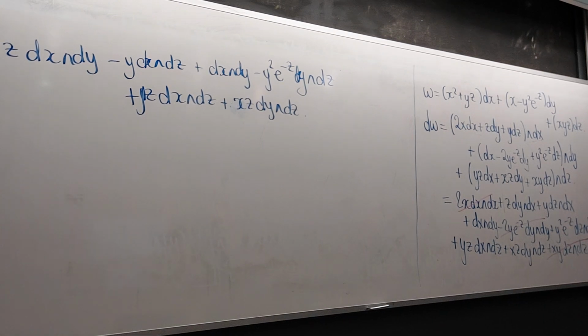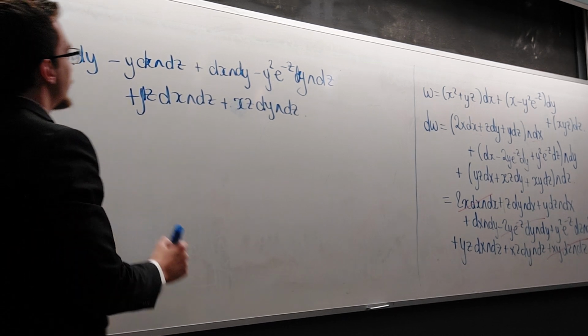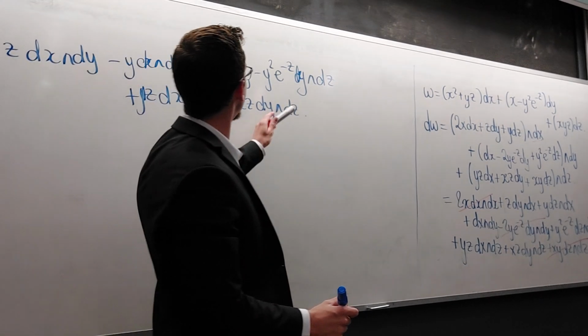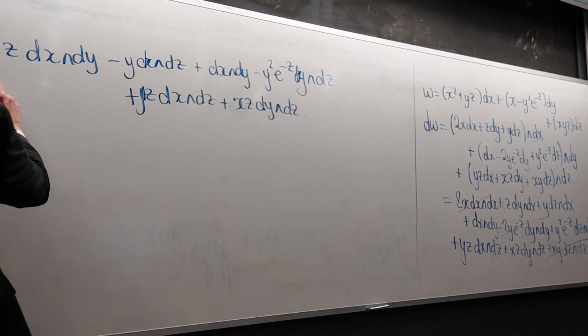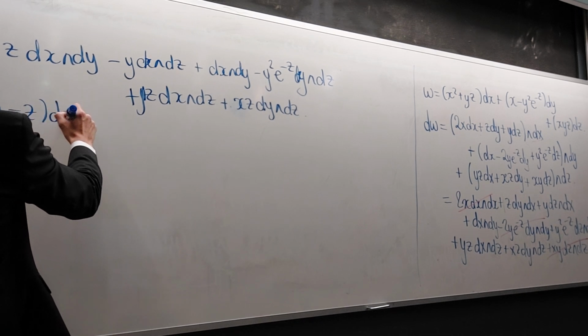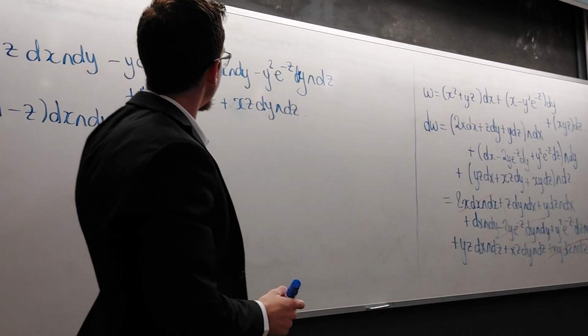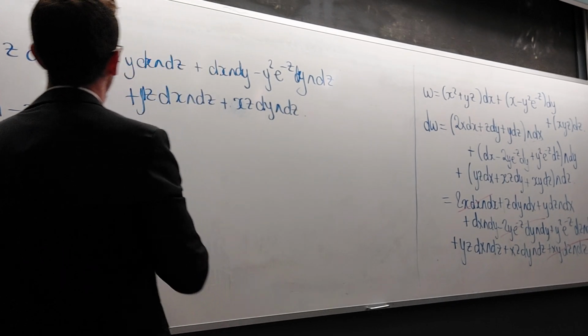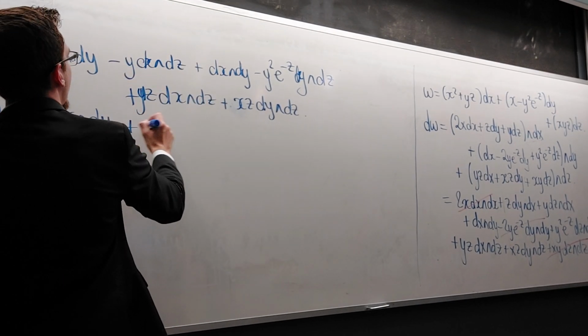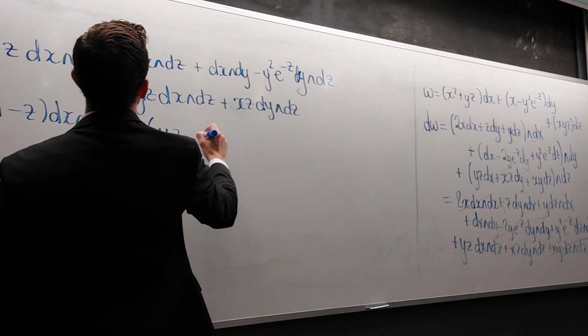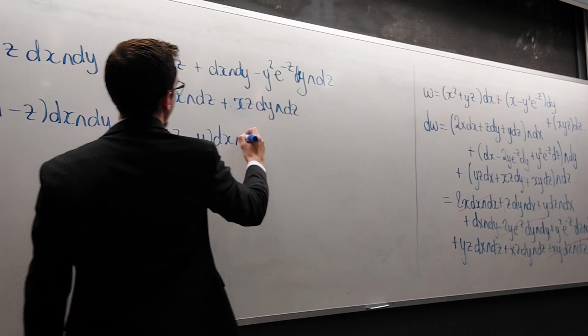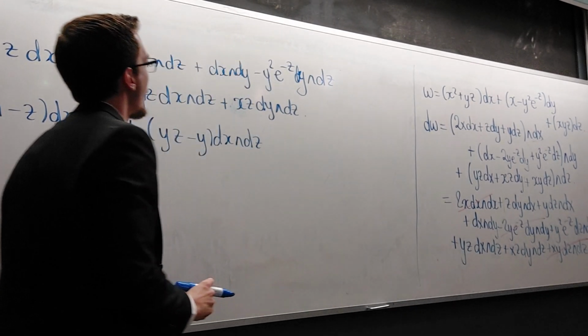So far, so good. And now just collect the dx and dy. There's another dx and dy here. So I have 1 minus z dx wedge dy. dx wedge dz, dx wedge dz. That's a y, by the way. yz minus y dx wedge dz.